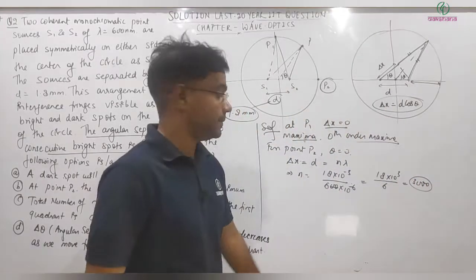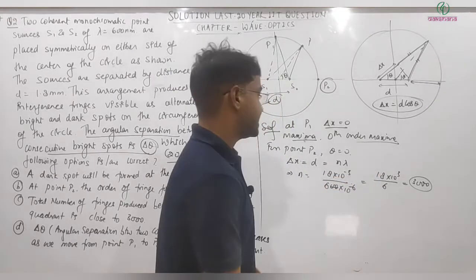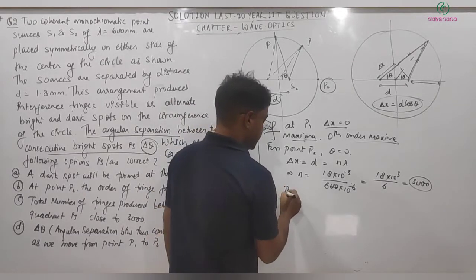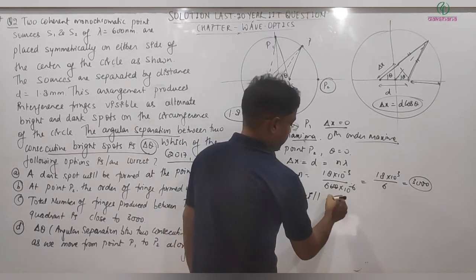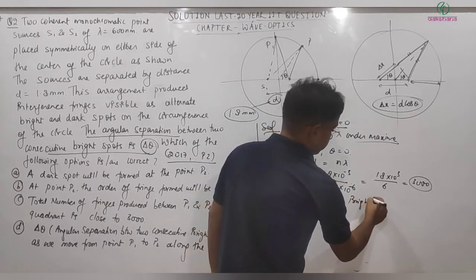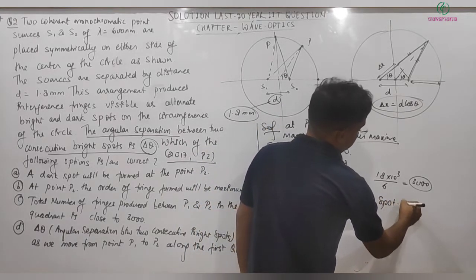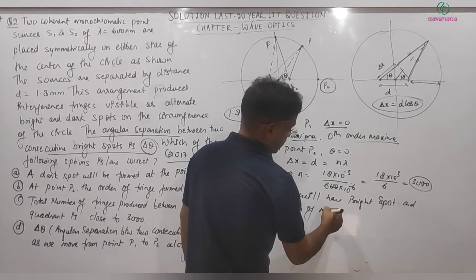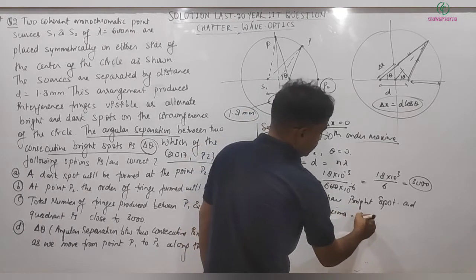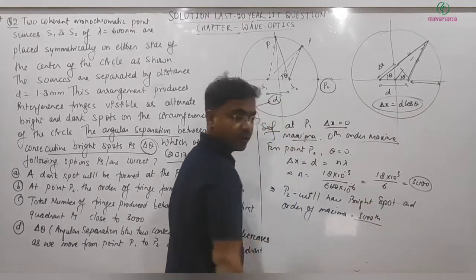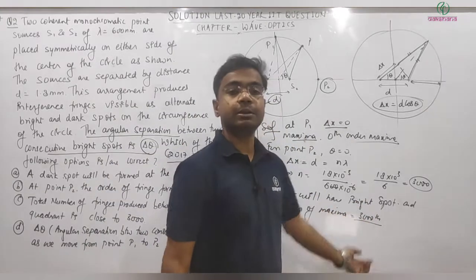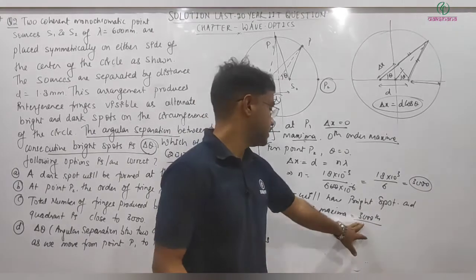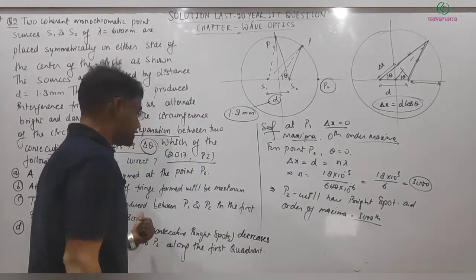So n is coming out to be 3000, which means n is an integer. So P2 will have a bright spot, constructive interference, and the order of maxima will be 3000. Let's check the options now.